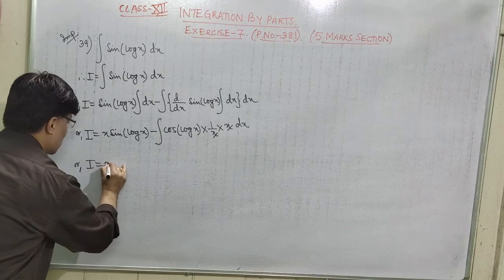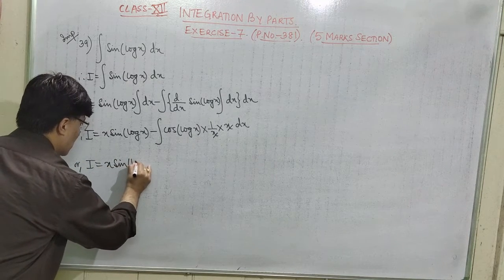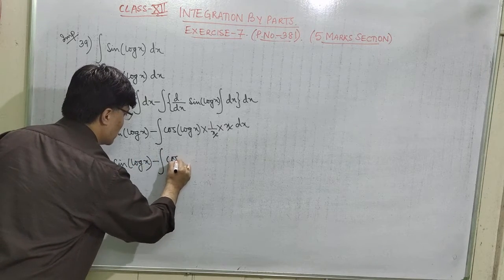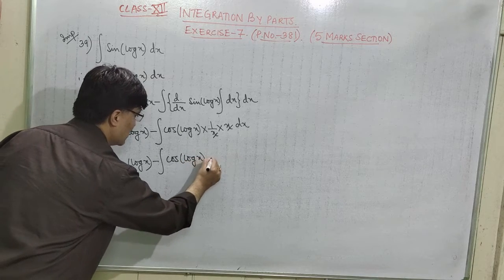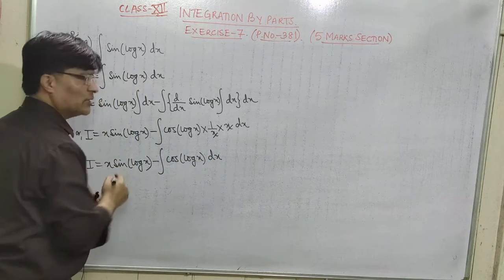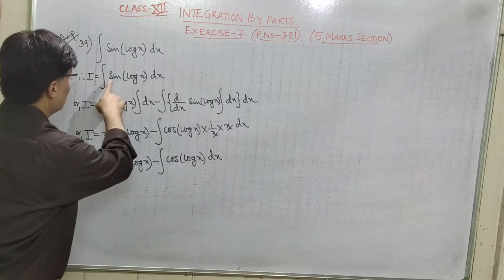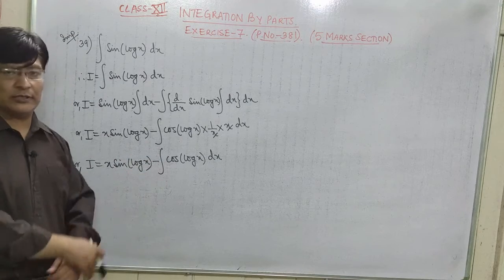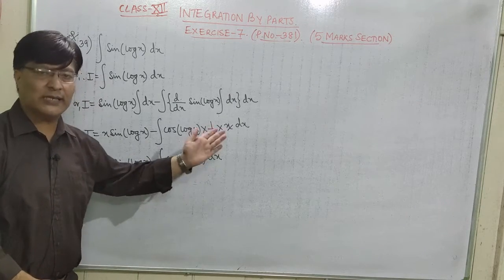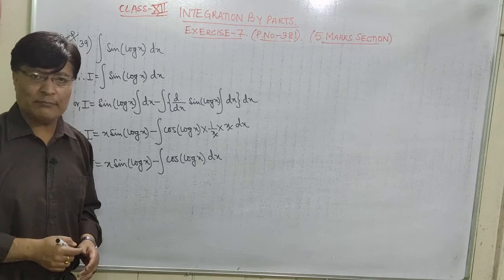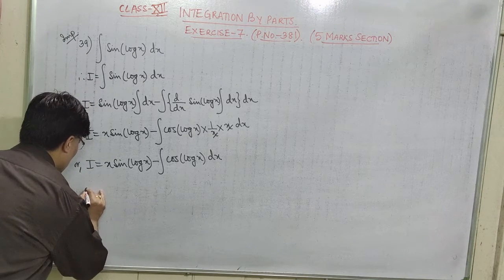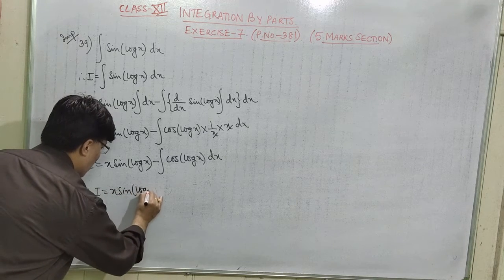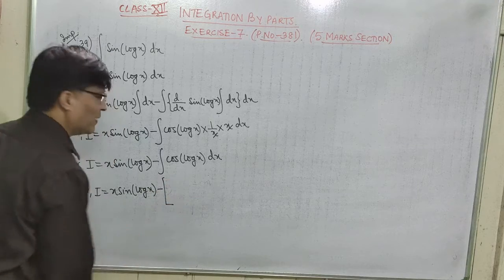So here x gets cancelled. Or I is equal to x sine of log x, right? Minus integration of only cos of log x dx. It is just like your question, isn't it? Instead of sine we are getting cos. Now again, how can you evaluate this integration, that is integration of cos of log x dx? Again, you have to use integration by parts. Or I is equal to x sine of log x minus within third bracket.